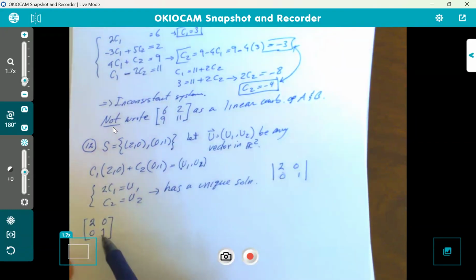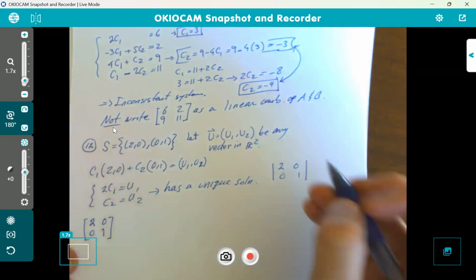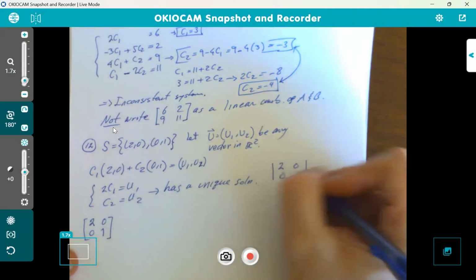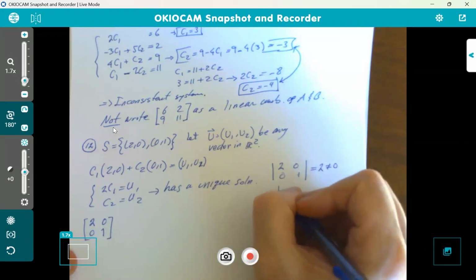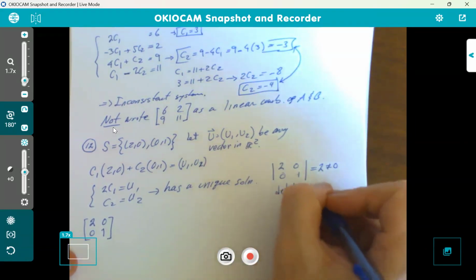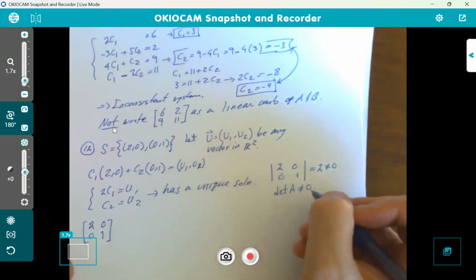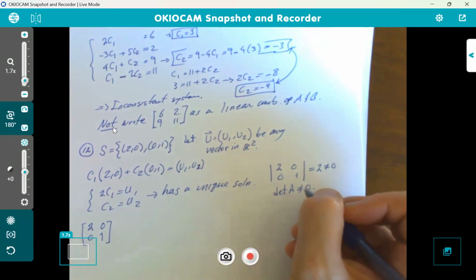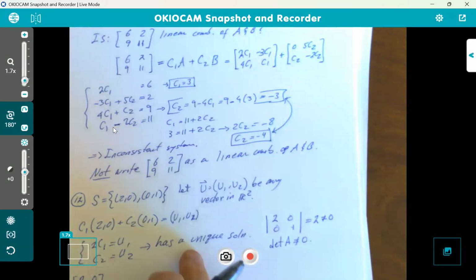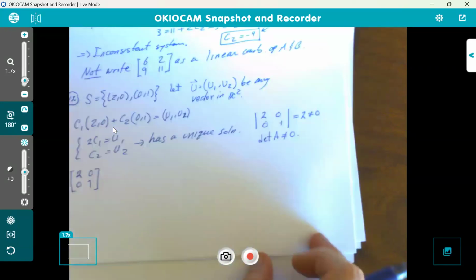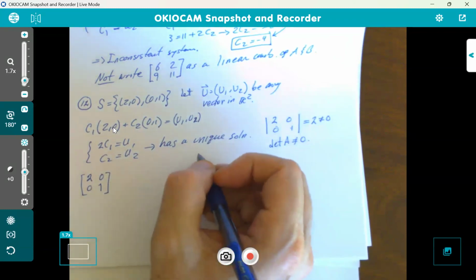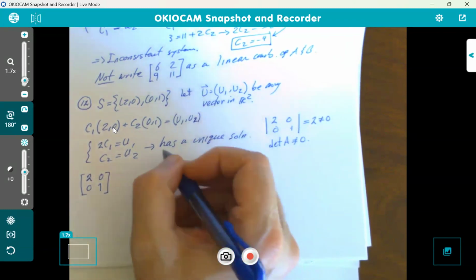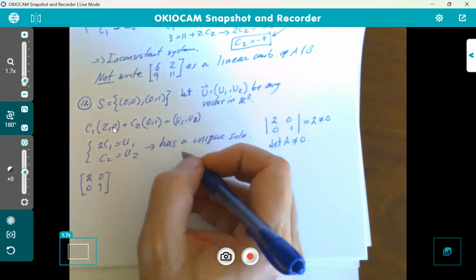And the determinant of this matrix is going to be 2 times 1 minus 0, which is 2, not 0. So the determinant of A is not 0. That's how we know it has a unique solution. If the determinant is not 0, the matrix is invertible, and invertible matrices have solutions.